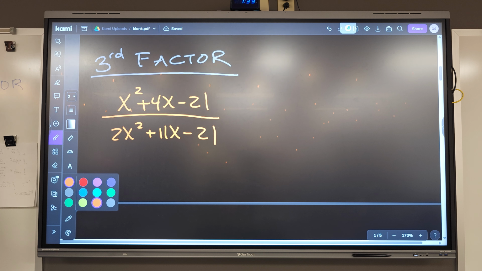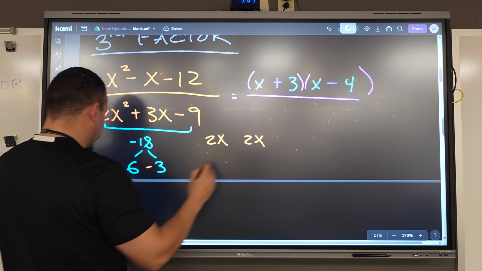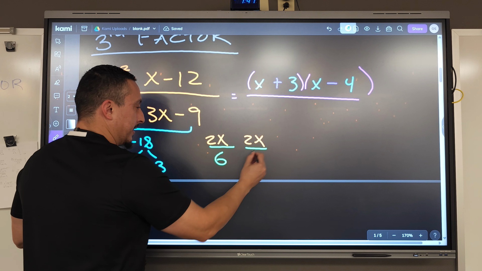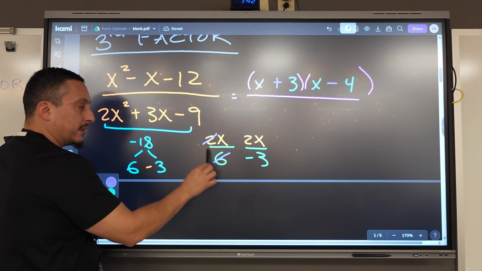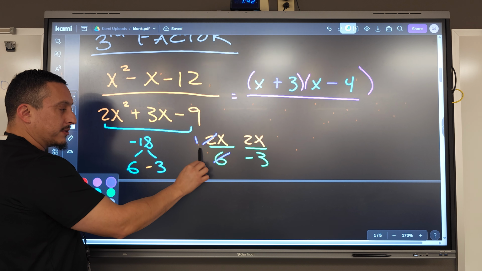Now, the way I taught you most of the year was to put 2x, 2x, but I've been switching that over to the fraction. So now I've had you do 2x, 2x. I know you guys don't like that because you got used to the other way, but you can still do the other way, okay? But this one reduces by 2. 2 divides into both of those numbers, so it's 1.